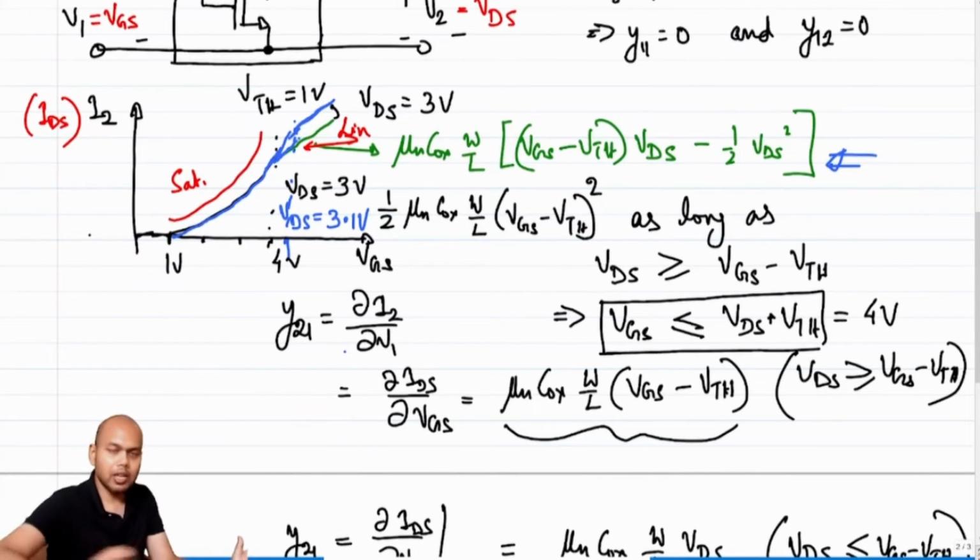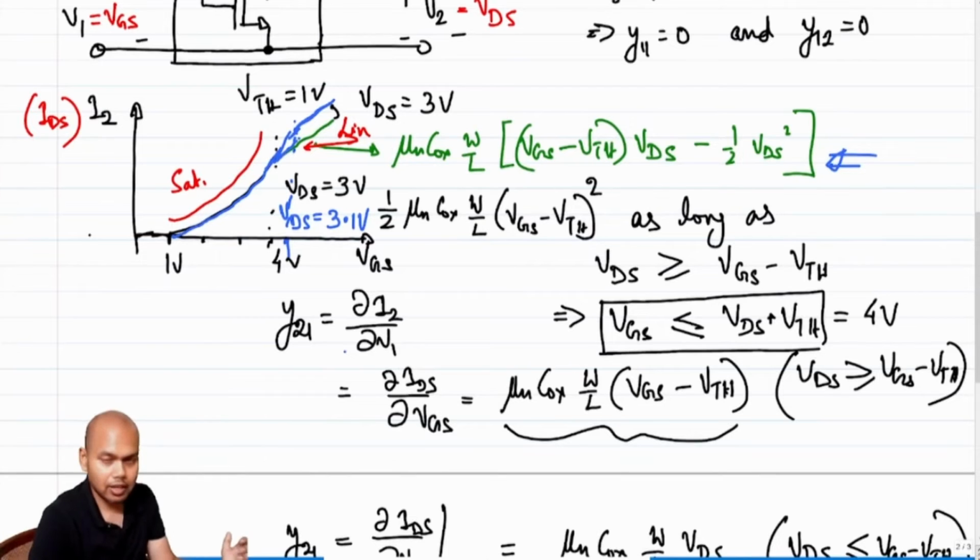So if you keep on increasing VGS minus VTH, what is the trouble that you are inviting? The trouble is you are going closer and closer to the edge of saturation region. So you can only do so much.